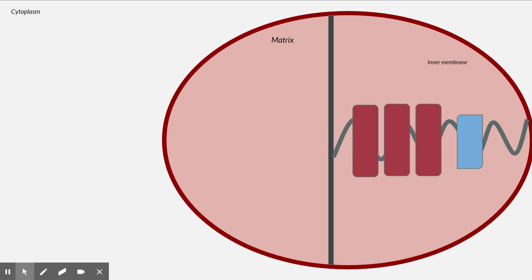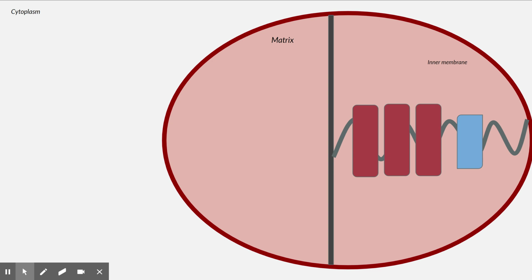There is a space in the mitochondria called the matrix. The matrix is the empty space of the mitochondria. Then to the right, we have the mitochondrial inner membrane. This squiggly line behind the 3 red ovals and the blue rectangle is the mitochondrial membrane. That is where step 3 happens.